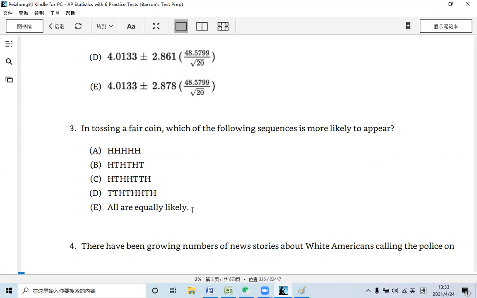They're all equally likely. Coin tosses are independent, which means it has no memory. The first toss has no influence on the second, and the first and second have no influence on the third. There's no particular pattern. They're all equally likely.